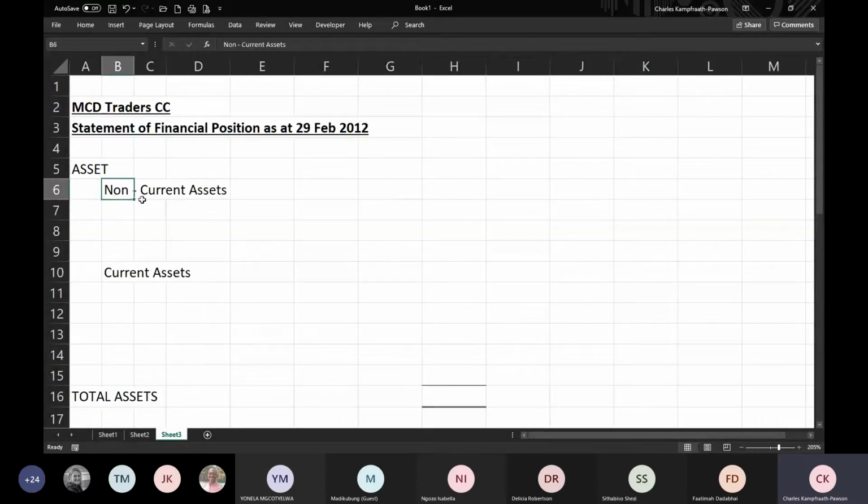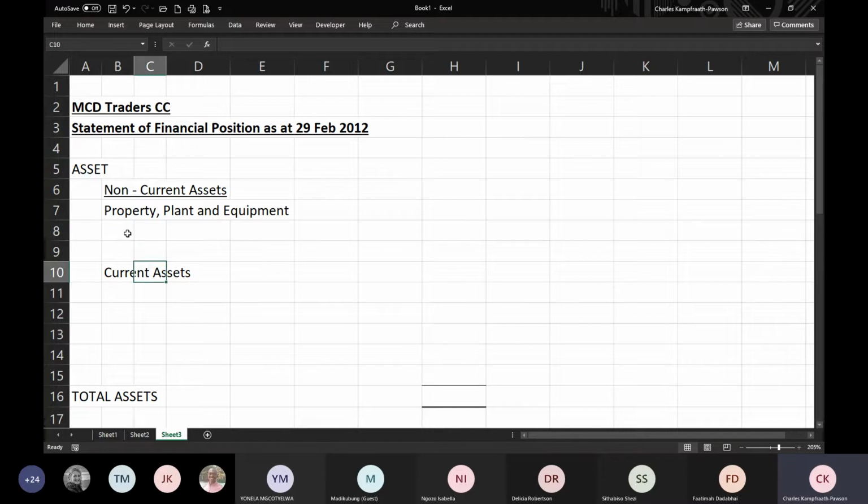So let's start. Non-current assets. What is the normal item that we can always find in there? Property, plant, and equipment. We don't know what else there can be. Sometimes there can be financial assets, intangible assets, but you guys haven't dealt with intangible assets yet.